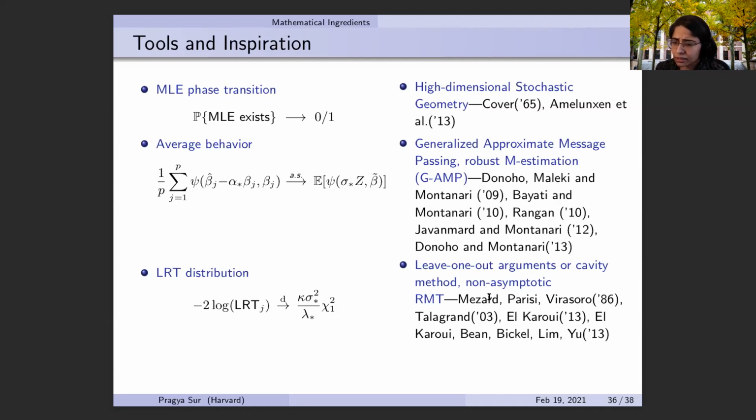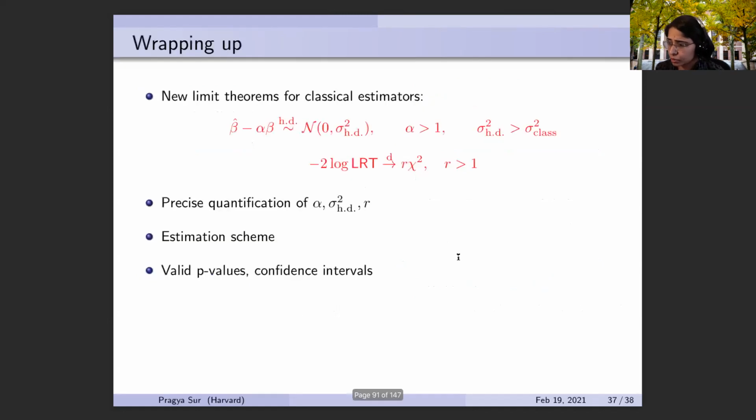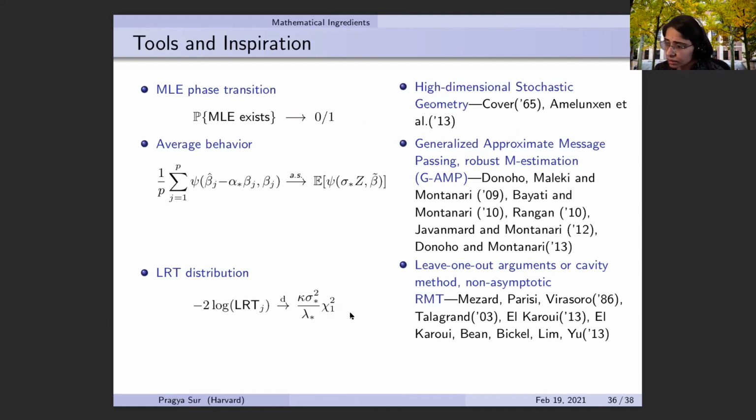But people hadn't used it in the context of statistics until these works by El Karoui and collaborators. So for this result, it was these leave-one-out sorts of arguments that I was using. All of these previous statistics works were in the linear regression context. There are some subtleties when you go from linear to nonlinear in making things rigorous, so certain things will not work, and you have to come up with some new things. But basically, it was this set of techniques.